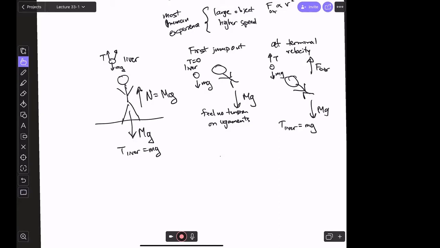When they fall from 2 or 3 or 4 or 5 stories, as you might expect, the higher they fall from, the more severe the injuries are. But then something strange starts to happen at around 6 or 7 stories. If you go 7 to 8 to 9 to 10, the injuries start getting less severe.